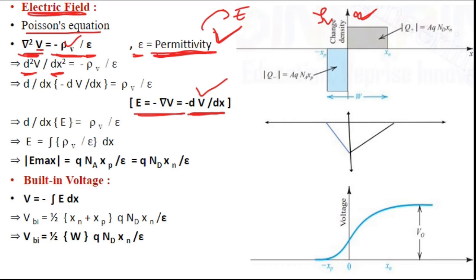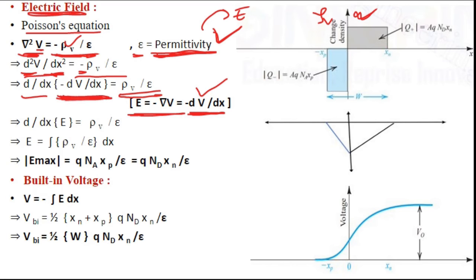So we can further simplify this equation as d square V by dx square, which will be equal to minus rho V by epsilon. Now we can further simplify it as d by dx of minus dV by dx. So we can bring this minus to the LHS. We will get minus dV by dx equal to plus rho V by epsilon. Now this minus dV by dx can be substituted by E, because E is minus dV by dx.